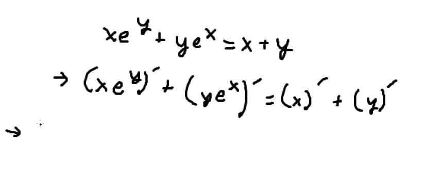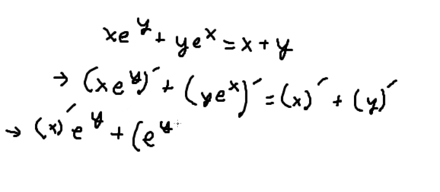So we do first the derivative of x multiplied by e to the power of y. Later we do first the derivative of e to the power of y multiplied by x. This one we do the same.